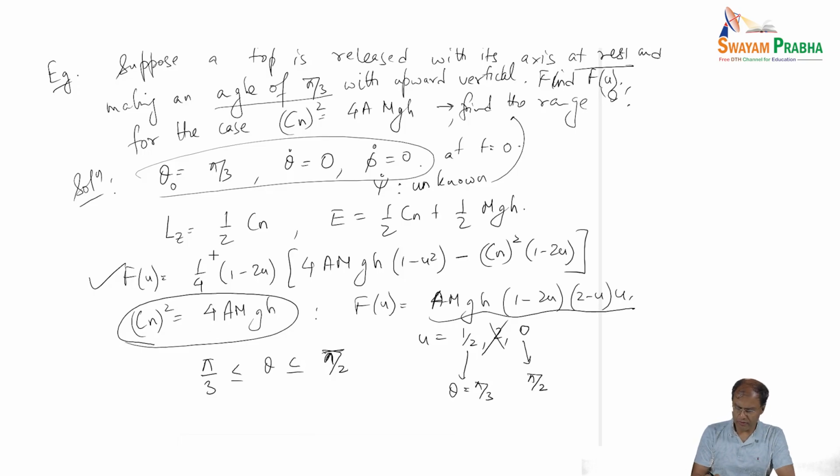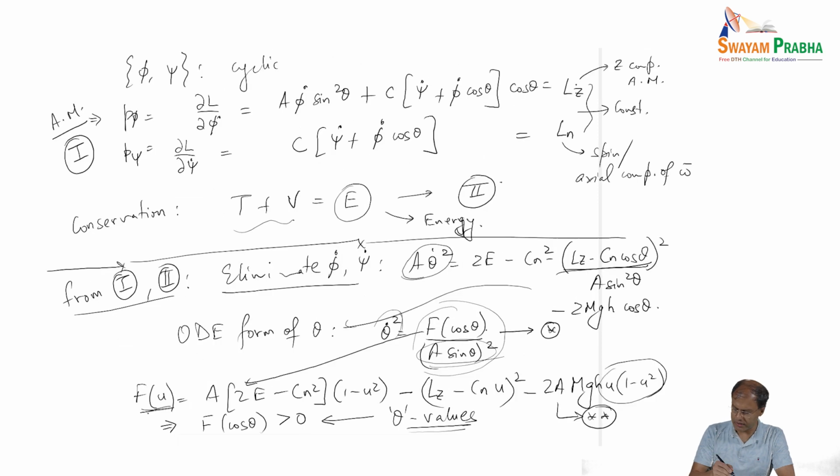So this is the end of the problem, but suppose we also want to find the period. The nutation range is given. Can we find the period? To find the period, we have to go back and look at equation star. We integrate this equation star for theta.